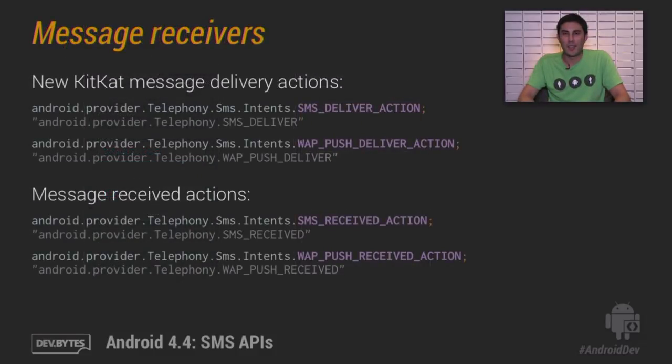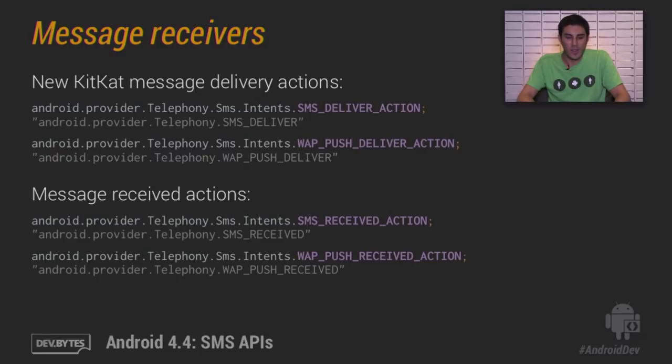So on the previous slides, you will have seen the two receivers we defined have two new KitKat delivery actions, SMS deliver action and WAP push deliver action. These only get delivered to the default SMS application. But in previous versions of Android, there was actually a private API that allowed you to also receive these SMSs.